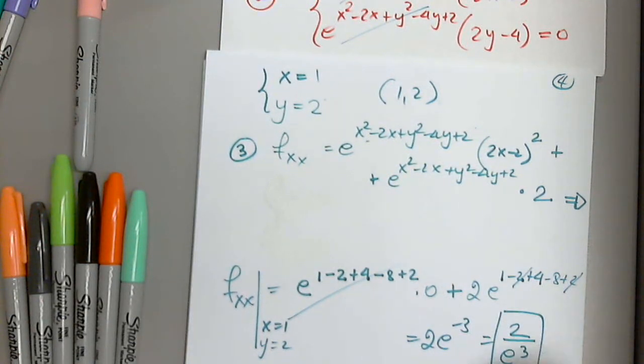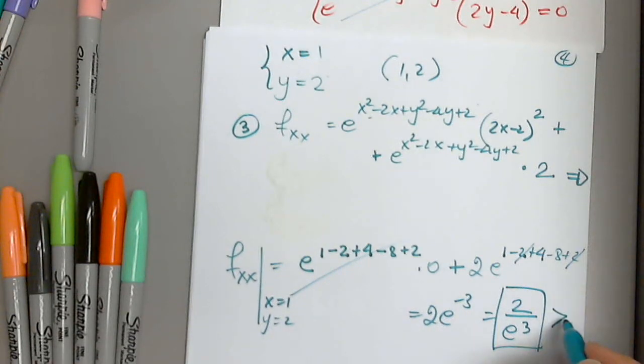Perfect, which is a positive number. Since it's a positive number, in case D is also positive, (1, 2) will become a relative min. But I don't know because I haven't determined D yet. But if D is positive, and since this is positive, we will get a relative minimum.